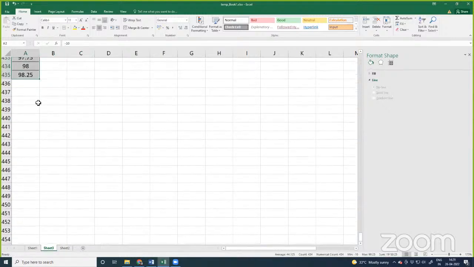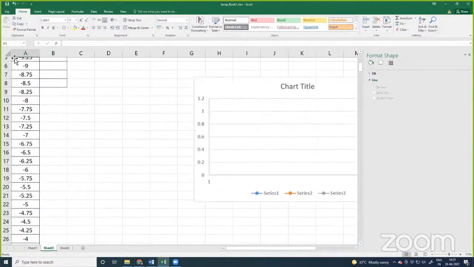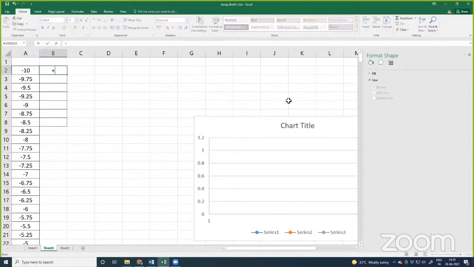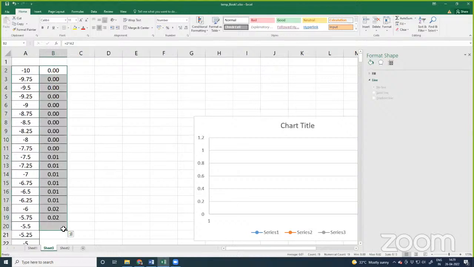Go to the extent of, let it be 100, it doesn't matter, because the computer will take care of everything. Here plus 2 to the power of this value, 2 to the power of minus 10, maybe the decimal number should go up.